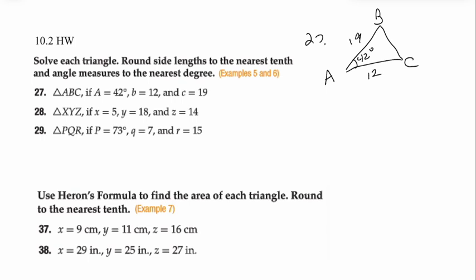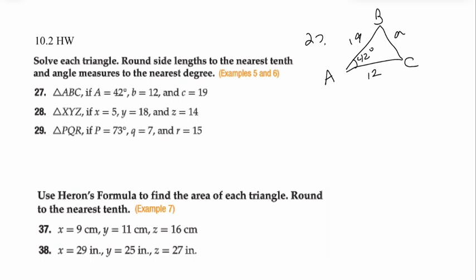Side C is 19. To solve the triangle, it's like the example, I think example 5 or 6, where we have a side-angle-side combination. We can find side A very quickly and go from there.